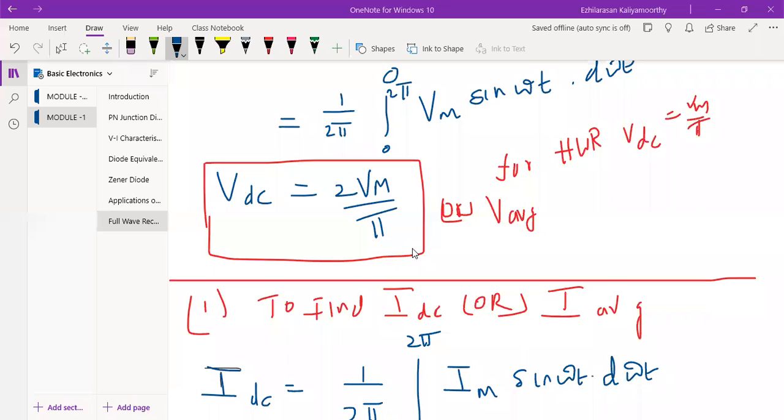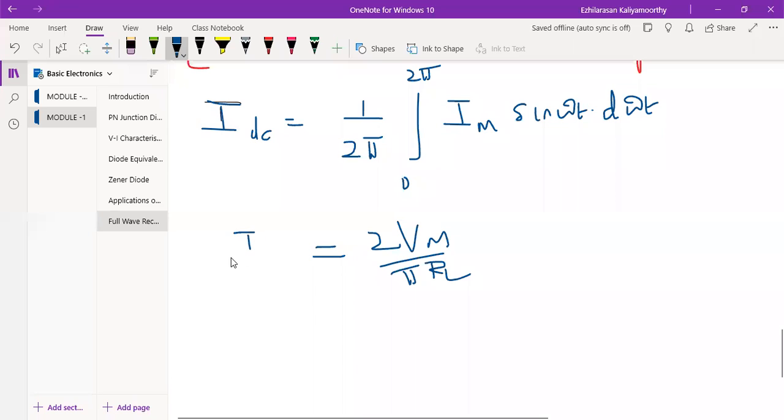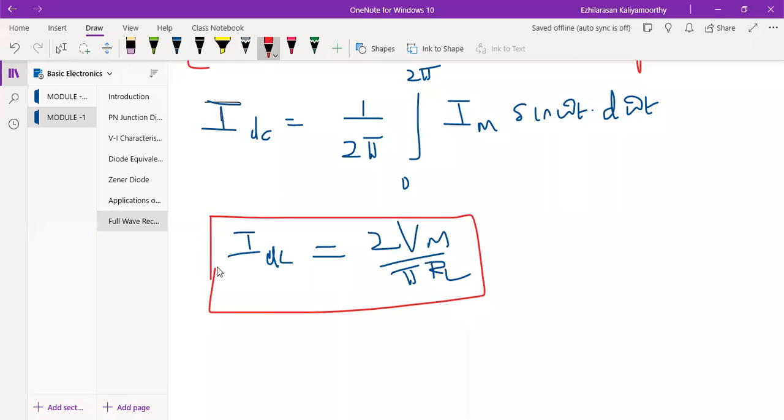So we need to add the resistance: IDC or I average is 2 Vm by pi plus RL.